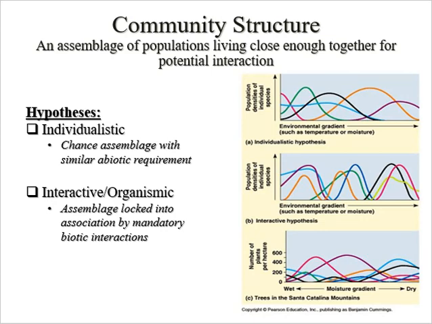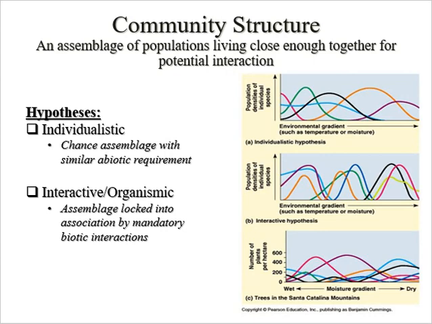Community structure is essentially the composition of a community, including the number of species in that community and their relative numbers. The structure of a community can be influenced by a variety of factors, including disturbance, species interactions, chance events, and abiotic factors.